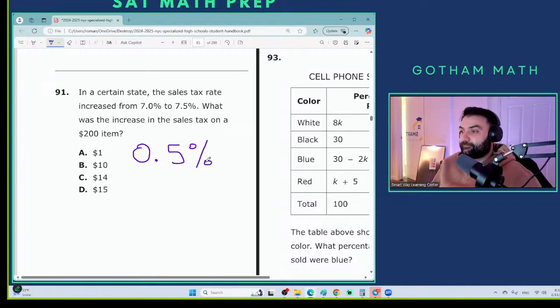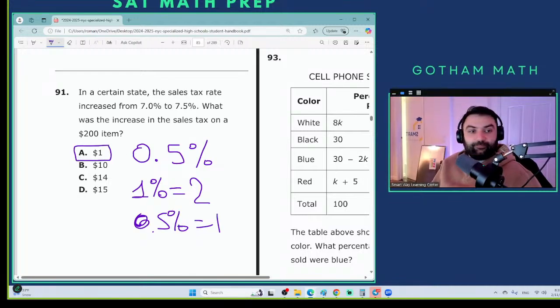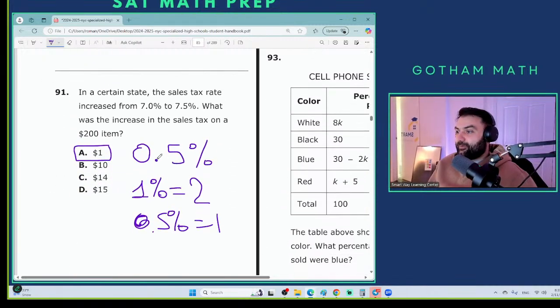So 1% of 200 is 2, which means half of a percent is 1. All right, how many seconds? 10 max, I would say.